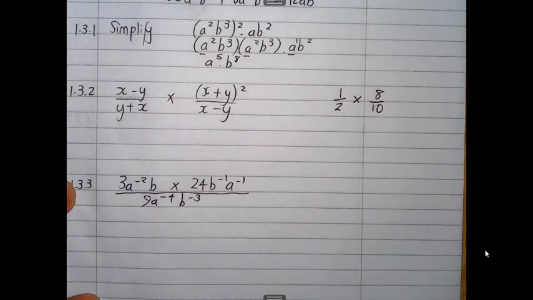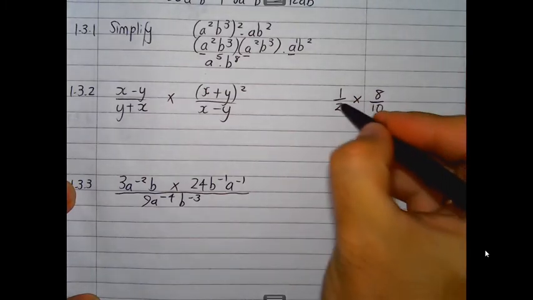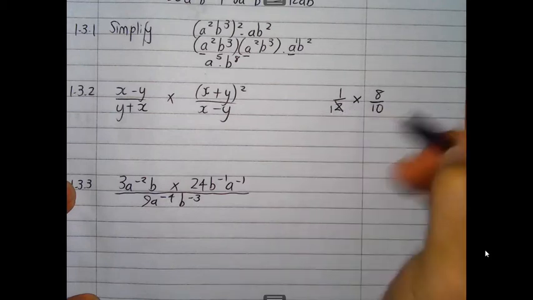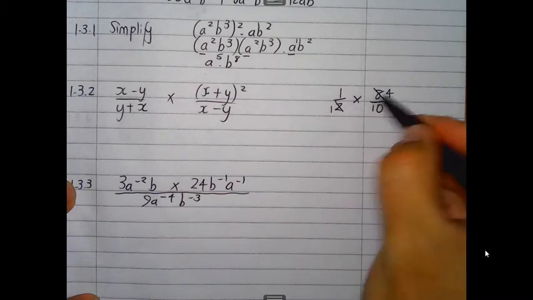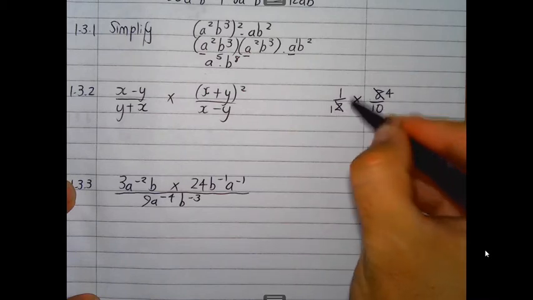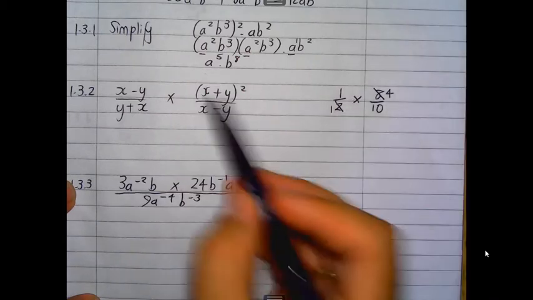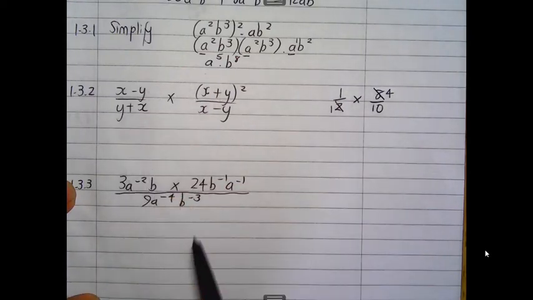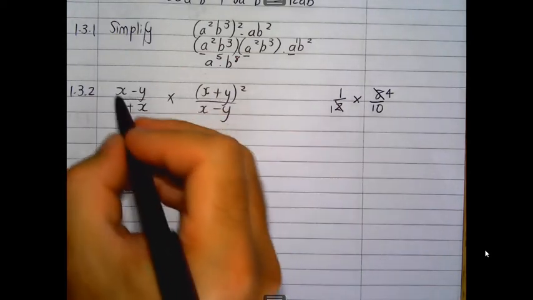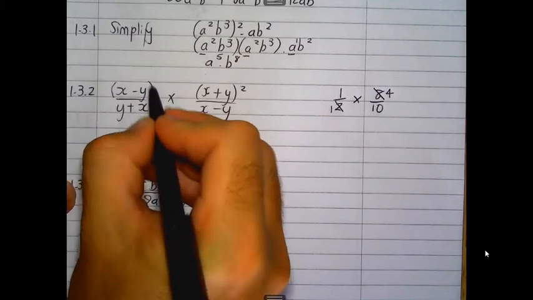If you wanted to simplify that, you could cancel this 2. 2 goes into itself once, and 2 goes into 8 4 times. That process of cancelling across a multiplication sign will also be allowed over here, except we don't have numbers, we've got variables. So you'd firstly notice that I could put that in brackets.